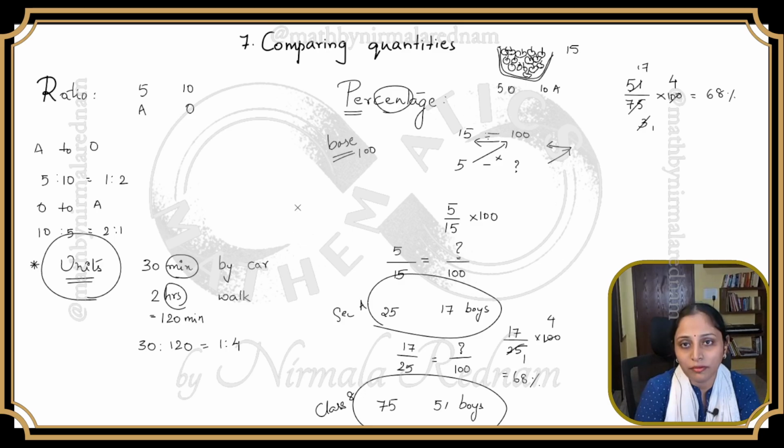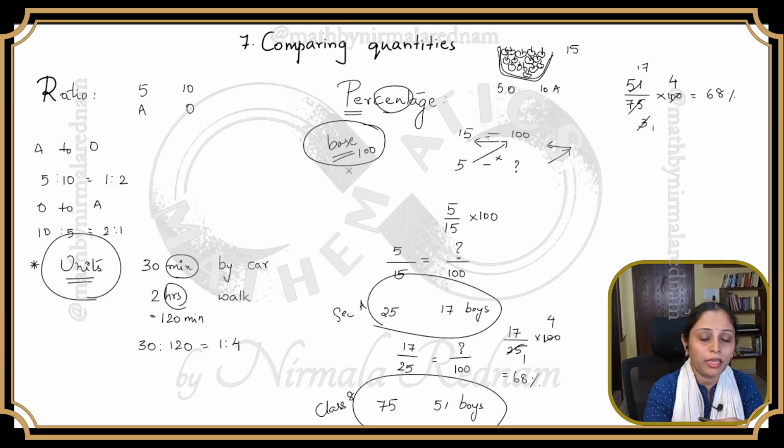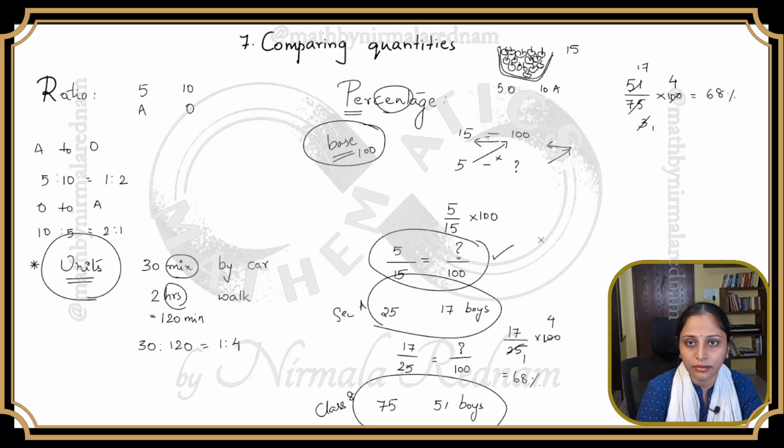Whatever is being compared, it's important to understand base 100, because however the question is framed, you will be able to write this equation very easily, very smoothly, and arrive at the correct answer, right? So this is about percentages.